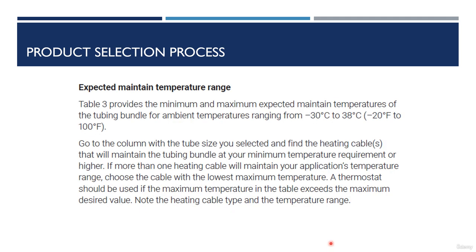After we select the family of the heating cable, either BTV or XTV, based on the maximum continuous and intermittent temperatures, we will specify the exact cable model number based on the expected and required maintained temperature range.